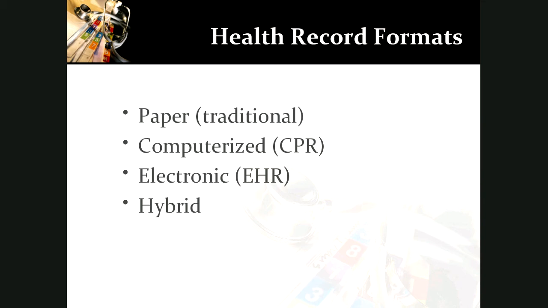And the hybrids are really what I think is the more common, because you have some things that are entered directly into the system, and then you have some other things that are scanned in, right? So it's kind of a mixture. And you'll find that a hybrid is the more common, I think, in my personal opinion.